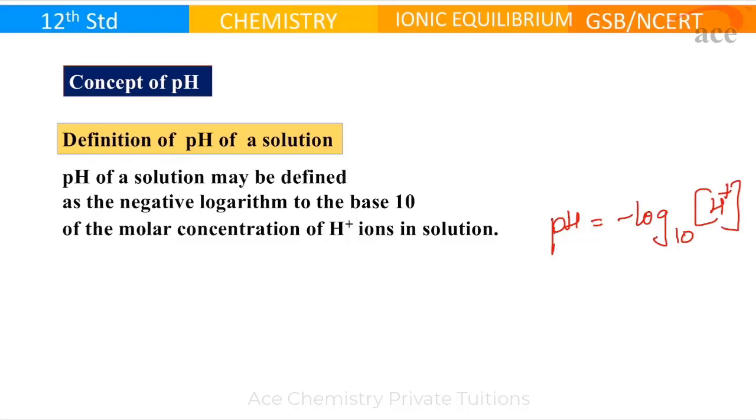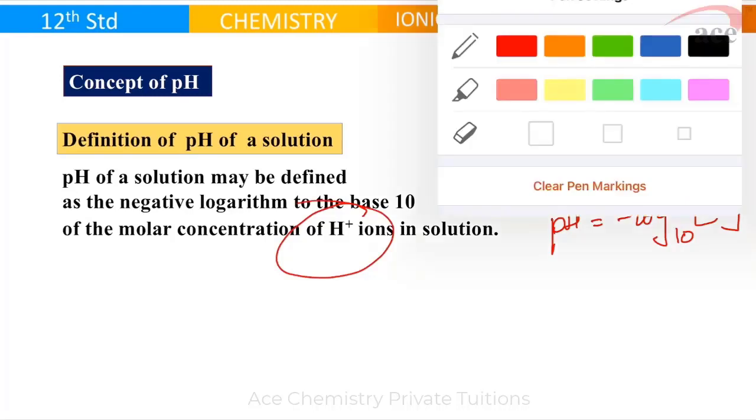I repeat, we are dealing with dilute solutions, and dilute solutions will always have lower concentration. Correct? Okay. So pH of the solution may be defined as the negative logarithm to the base 10 of the molar concentration of H plus. Okay.